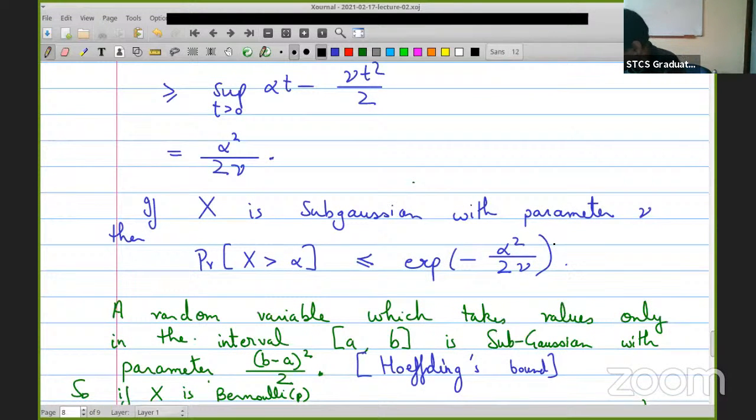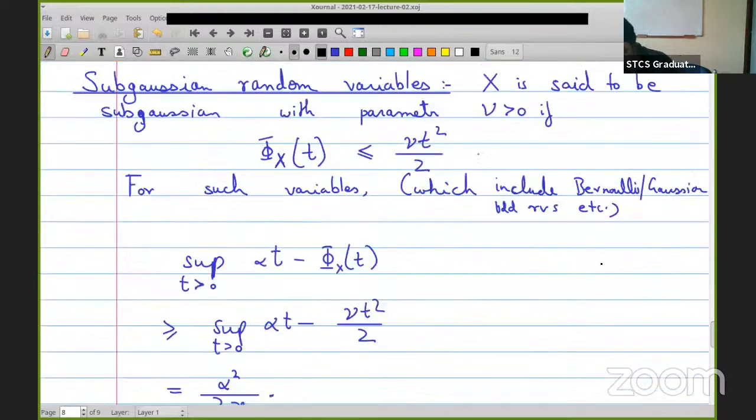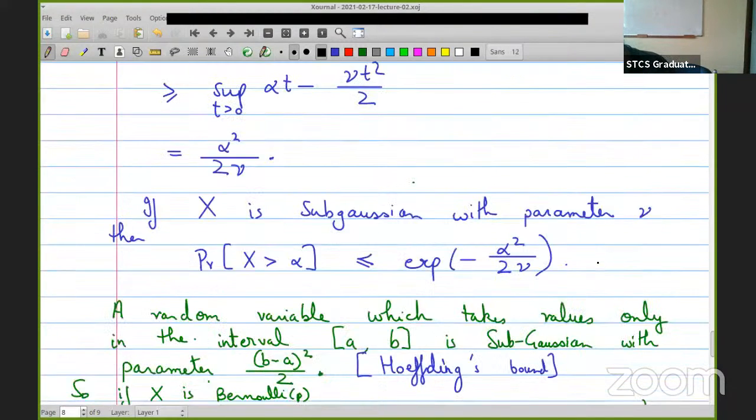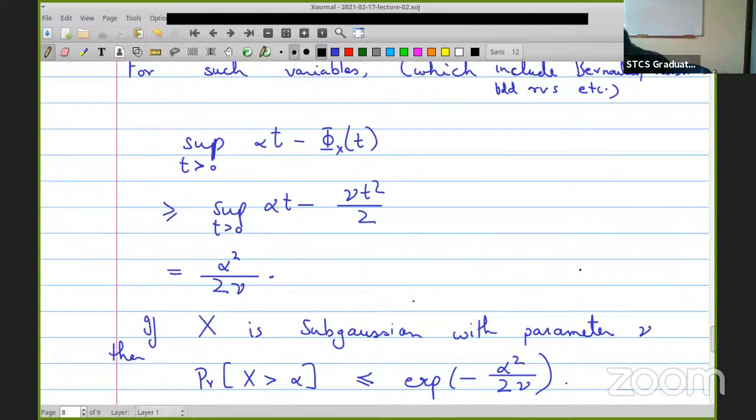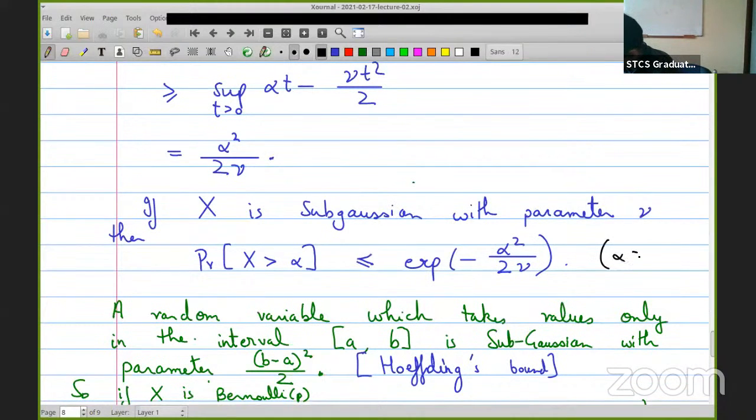So you get that if X is sub-Gaussian with parameter ν, then the probability that X is bigger than α, for any α. Here I sort of assumed that α is positive, but it's fine.